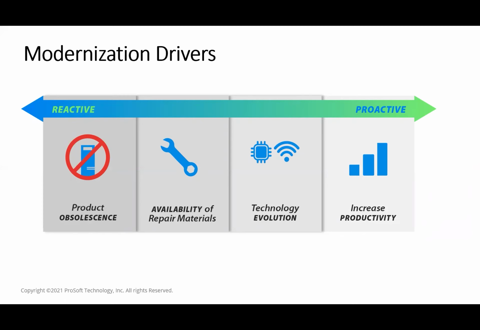Can they find the parts and, like that cartoon, can they find the people that actually understand how to run it? Then there's the proactive approach, like, hey, there's new technology, there's new products with new features, we can get more data, we can run with less manpower, maybe get more alarms, it'll be safer, more secure, whatever. Next slide, please.